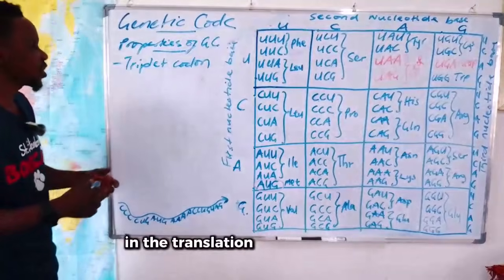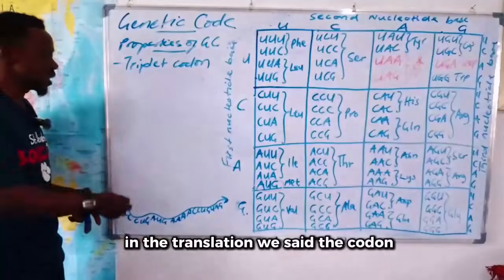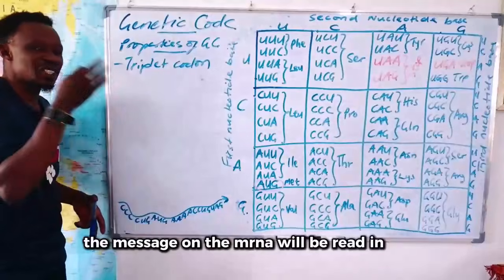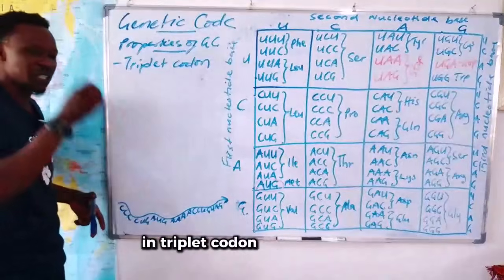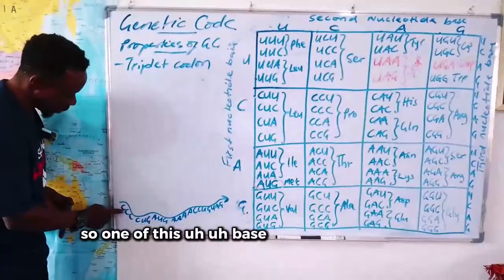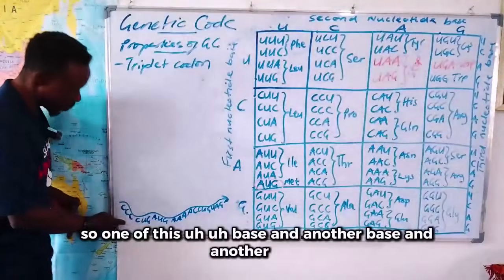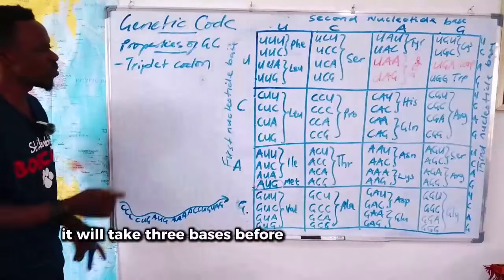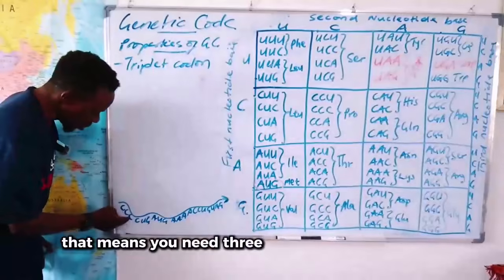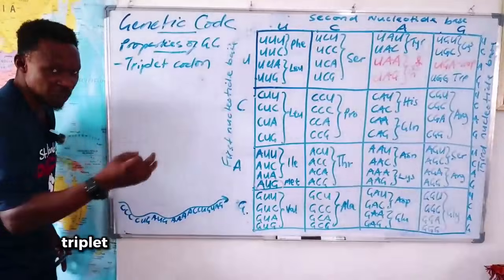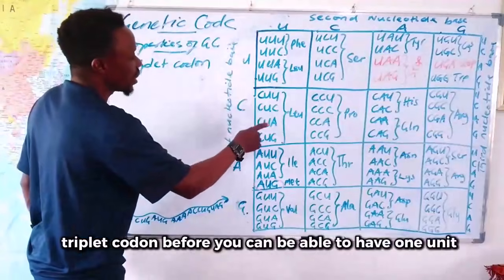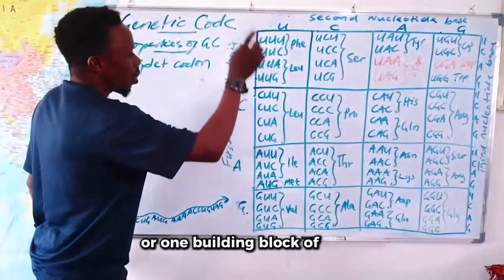In translation, we said the message on the mRNA will be read in triplet codons. So one base and another base and another base, it will take 3 bases before you have 1 unit of a message. That means you need 3 of these bases as a codon, a triplet codon, before you can have 1 building block of protein.